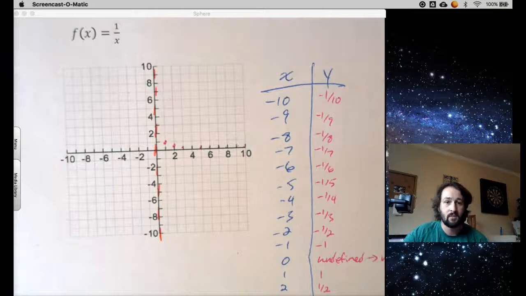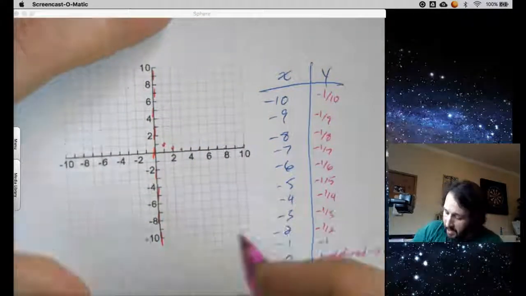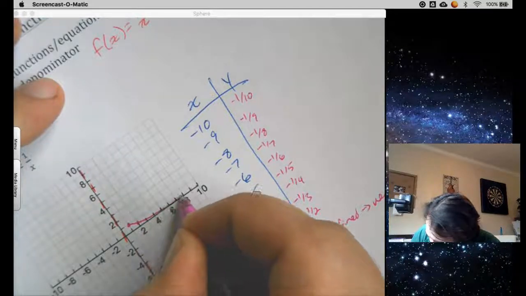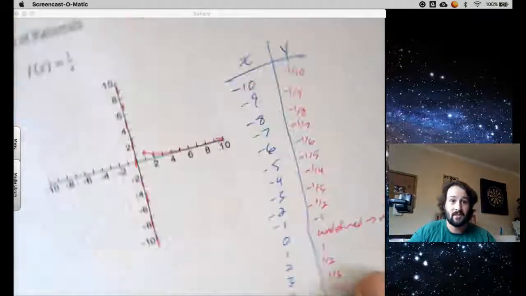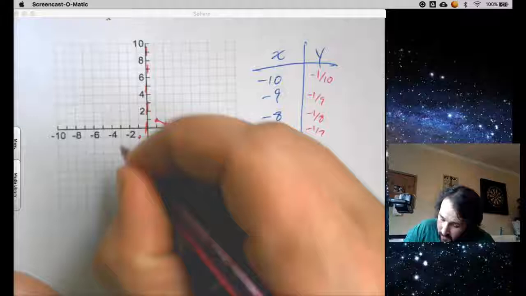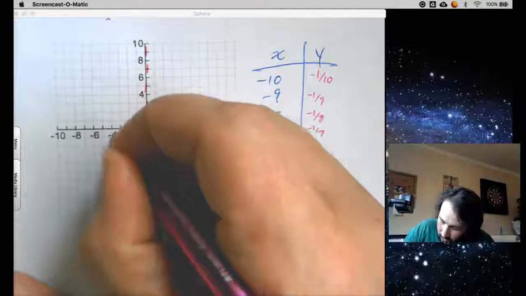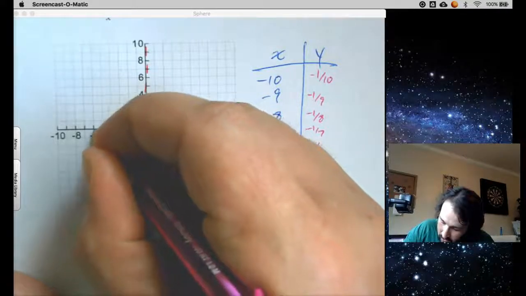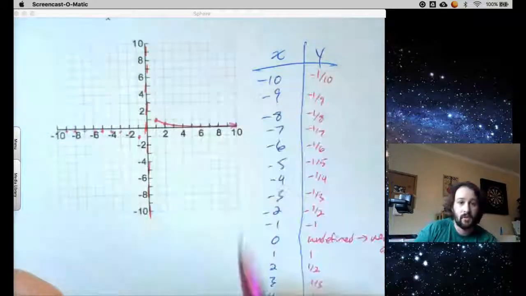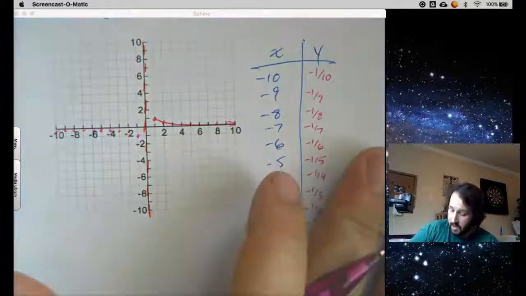right? I can't even really depict it on my graph. But as I were to graph it, it would continue to get closer and closer to 0. It's getting really, really small there. It'll do the same thing in the negative direction, right? It was -1, -1/2, -1/3, -1/4, -1/5, and so on. So it's getting really close to 0 in that direction as well.